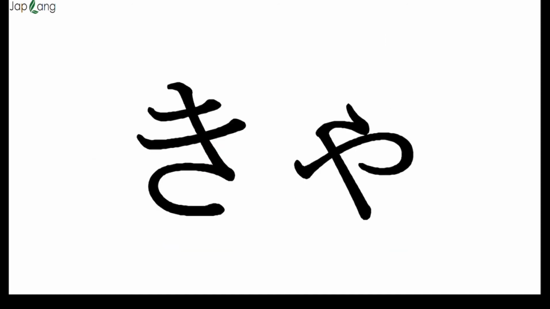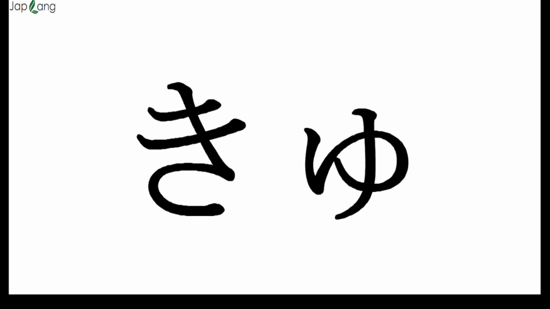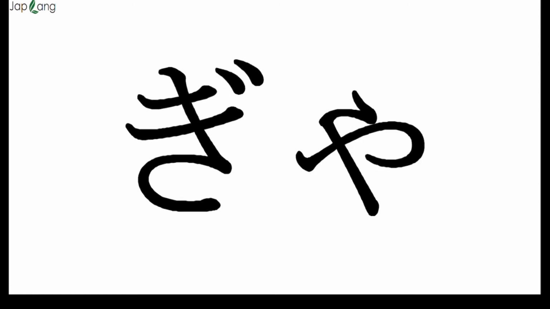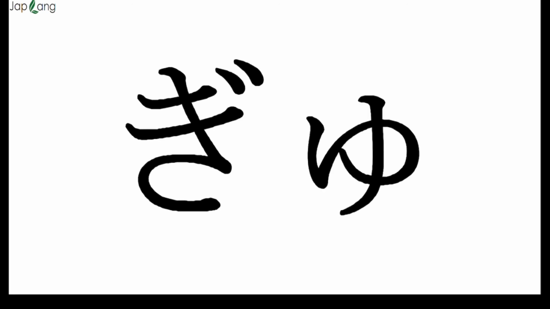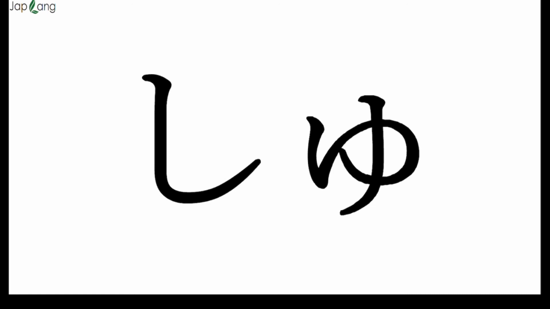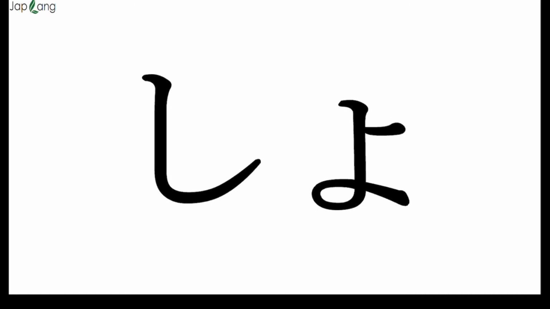Can you say what this is? This is kya. This is kyu. This is kyo. So ki we just learned. Ki becomes gi and then with ya it will be gya, gyu, gyo. Shi with ya becomes sha, shu and sho.